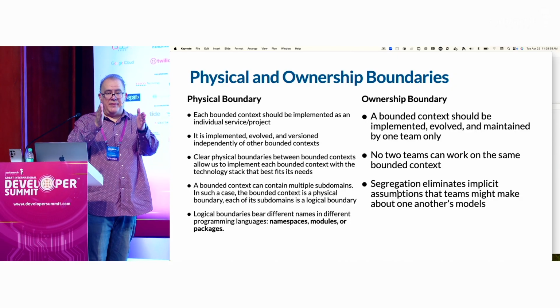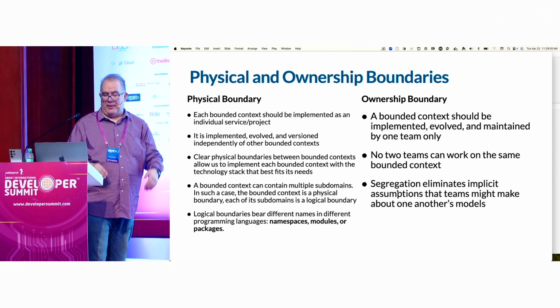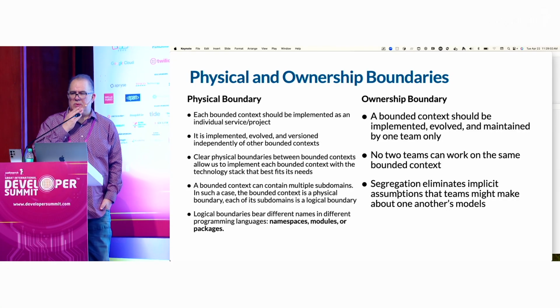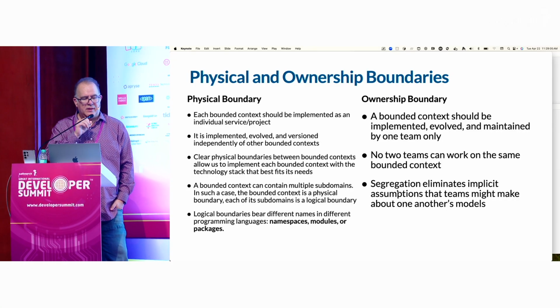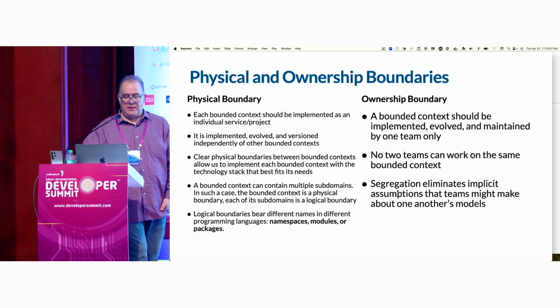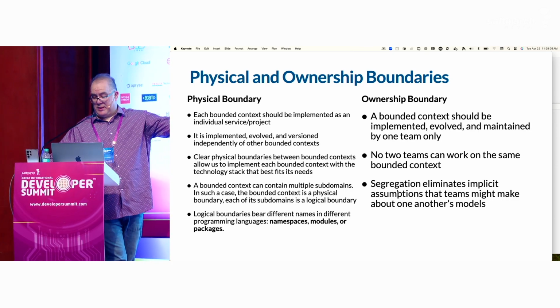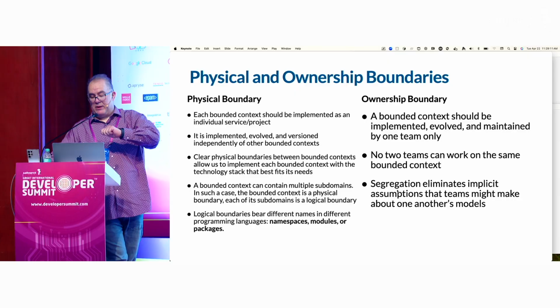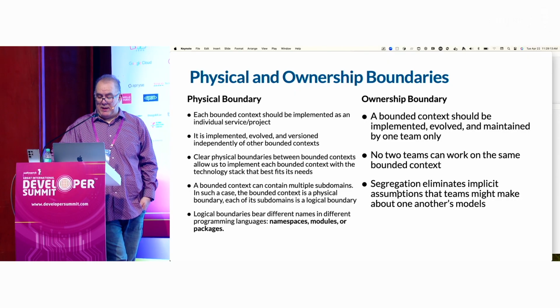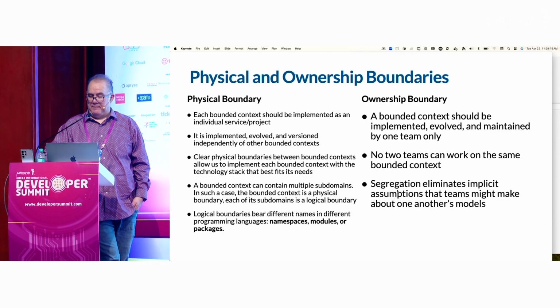So there's a bit of a gap in there. But this sounds really familiar, doesn't it? Okay. A bounded context can contain multiple subdomains, just as we stated. Logical boundaries bear different names, and we could use namespaces, modules, things like that.